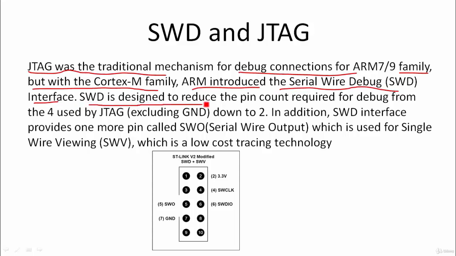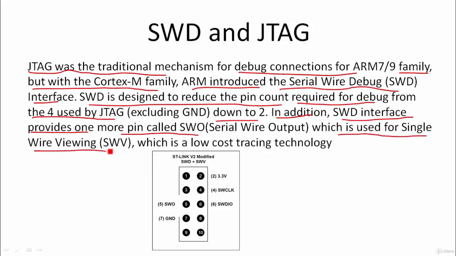SWD is designed to reduce the pin count required for debug from the 4 used by JTAG down to 2. In addition, the SWD interface provides one more pin called SWO, which is used for single wire viewing, which is a low-cost tracing technology.